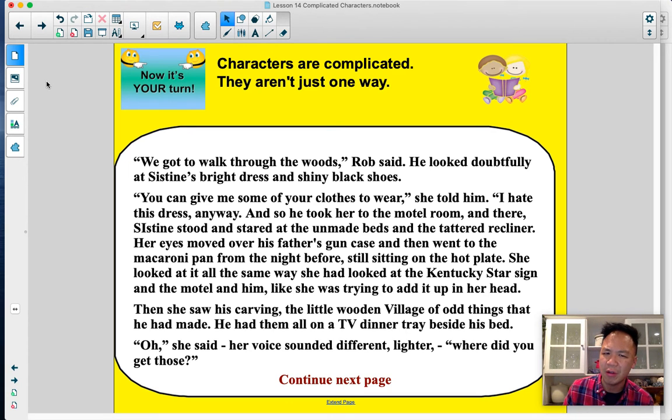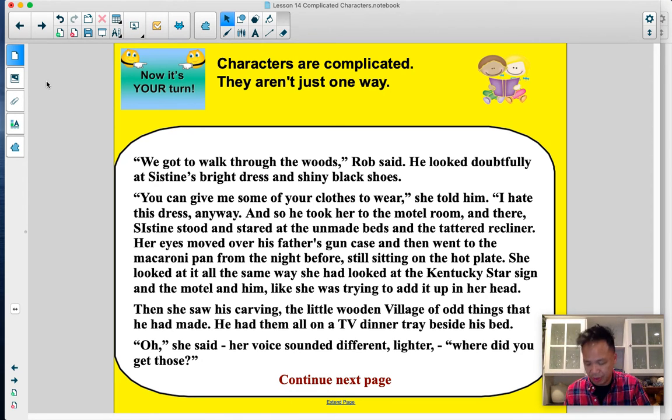She looked at it all the same way she had looked at the Kentucky Star sign and the motel and him, like she was trying to add it up in her head. Then she saw his carvings, the little wooden village of odd things that he had made. He had them all on a TV dinner tray beside his bed. "Oh," she said. Her voice sounded different, lighter.